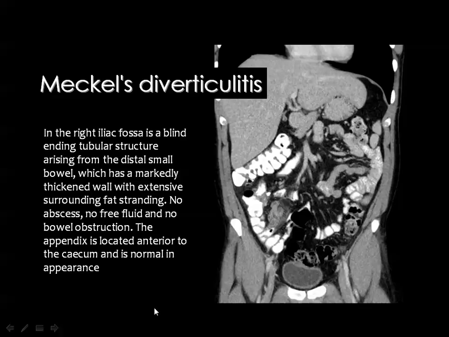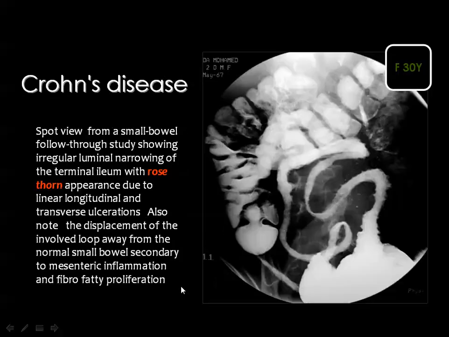Then this is the coronal reformatted CT post-contrast image of the abdomen, showing an inflamed lesion here, which is approximately the site of Meckel's diverticulum. And you see the lesion with stranding and smudging of the pericolic fat planes.